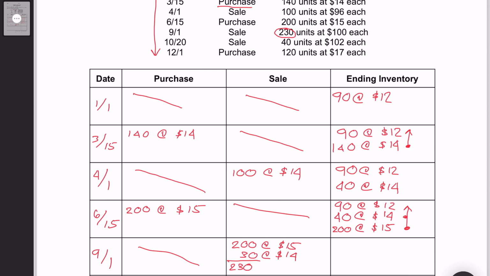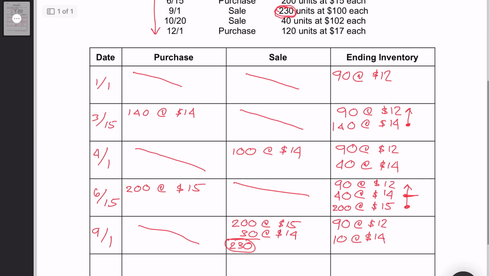Going back up to the list, recognize the 230 units, and yes, we've got 230 down here. So what is that going to leave me? Well, I still have my 90 oldest units at $12. And now the 40 units that were right here, I sold 30 of them. So I'm only going to have 10 left at the $14.